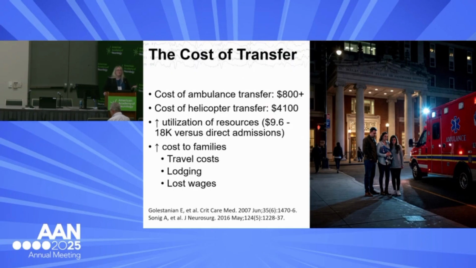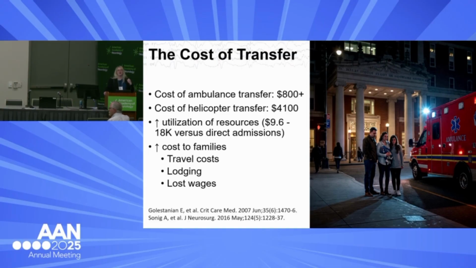Now this may be because those individuals in general are more medically complex, they have more comorbidities, but we should also think about the way that this is impacting not just the patients and their medical costs, but also their families. So this is particularly an issue for those of us who care for patients who are in rural communities. The cost to families can be prohibitive.